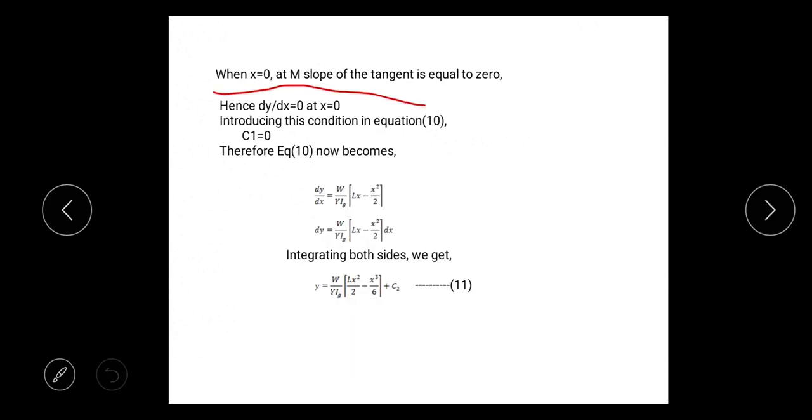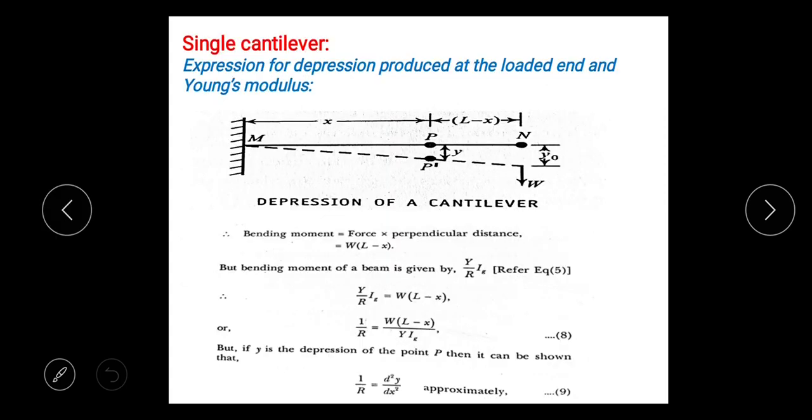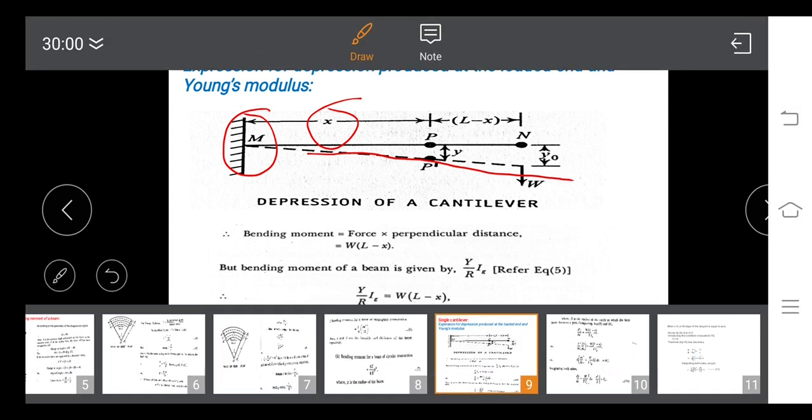Okay, to remove that constant of integration, we have to take certain conditions. When x is equal to 0, at M, the slope of the tangent is equal to 0. So we'll go to the diagram. At x equal to 0, X is 0 means this is the point M. Here the slope doesn't exist. Slope exists only here. So at M, dy by dx is equal to 0.